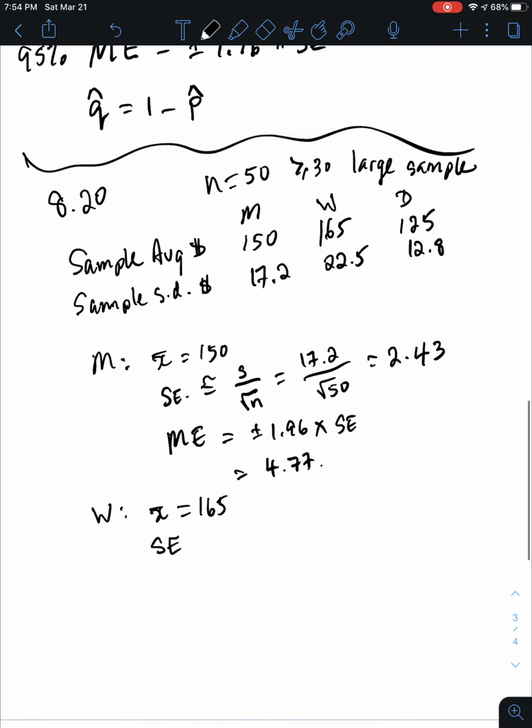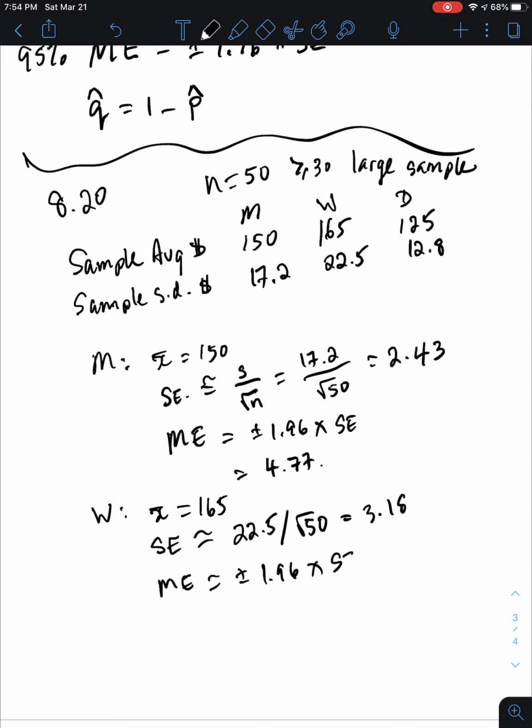Need a calculator. .18 and a couple more decimals. Margin of error is plus or minus 1.96 times the standard error. It's going to be plus or minus 6.24.